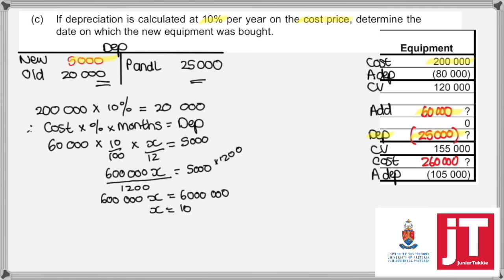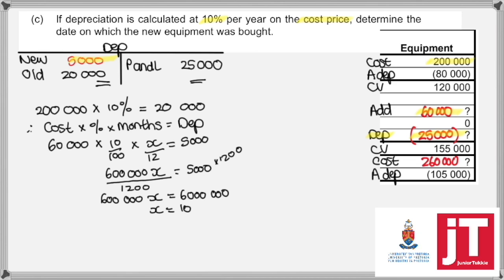If you calculate depreciation, you should know that the cost times the percentage times the months equals the depreciation. So what do I got? I got the cost, 60,000, times the percentage, 10 over 100, times x over 12. That is what I need to calculate. When did we buy this? And the depreciation we've calculated is 5,000.